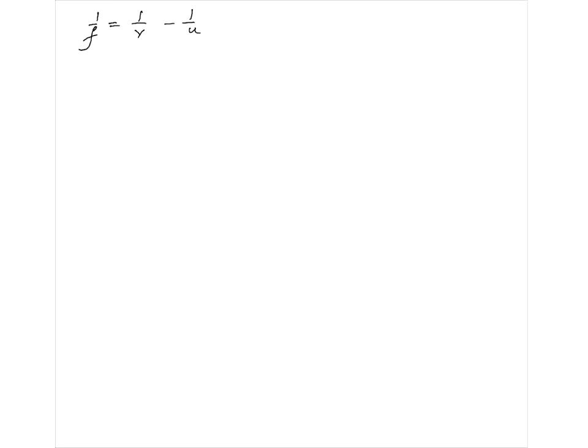This is called the lens formula. Any questions? Let me know.